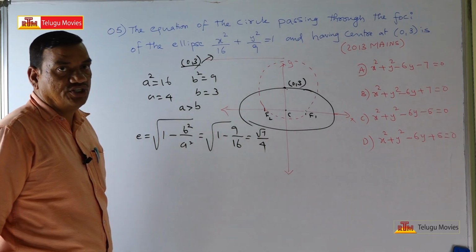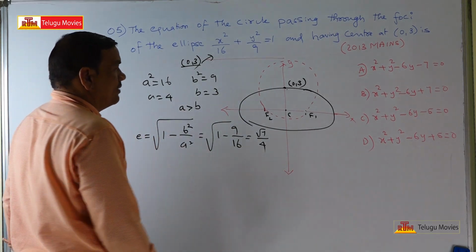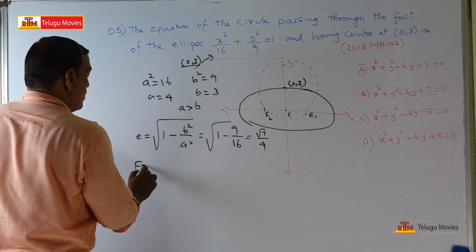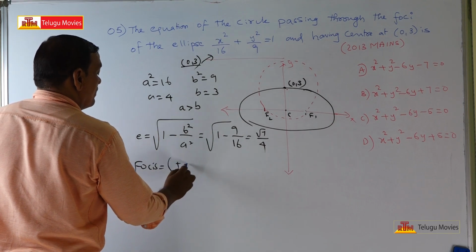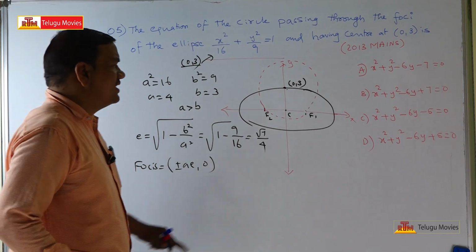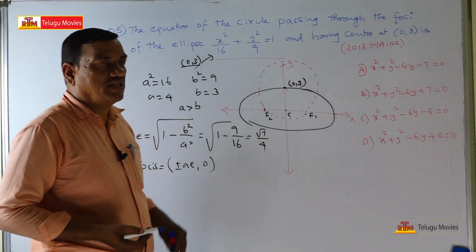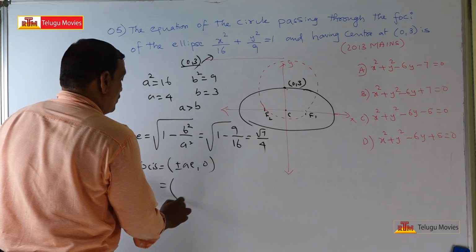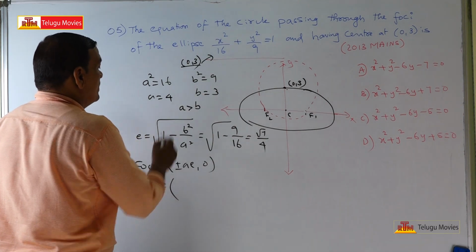This is the eccentricity of the ellipse. So what are the foci you have? Foci is equal to plus or minus ae comma 0. Okay, now plus or minus, I will take only one focus as required, that is equal to: a value is equal to how much?